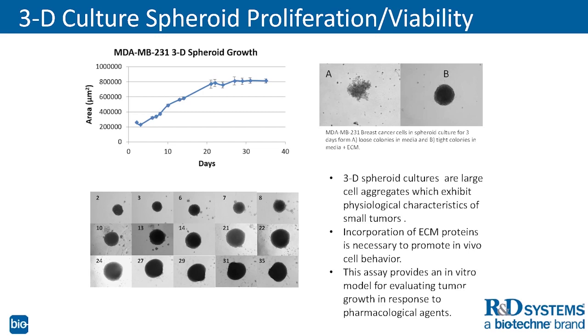In the upper left-hand corner of each picture is a number, and that number corresponds to the days post-spheroid formation. And what we see is that the spheroids will actually continue to grow for 20 days. They'll reach a certain size. For these cells, it was a little over 1 millimeter in diameter.